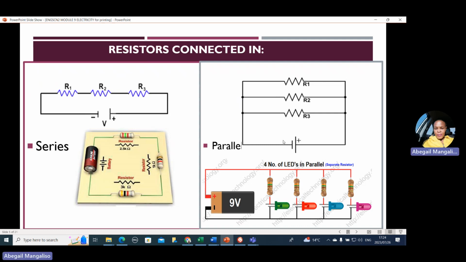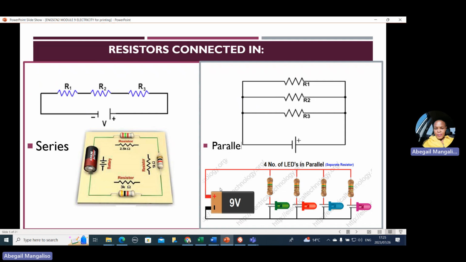If the supply voltage gives 9 volts, these 9 volts connected from here and connected from here will give you the same reading across these resistors. So each resistor will be 9 volts. Parallel resistor, the voltage is the same. Series resistors, you add to get the total.